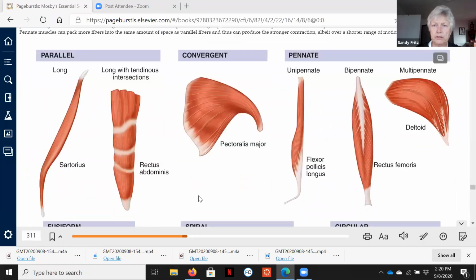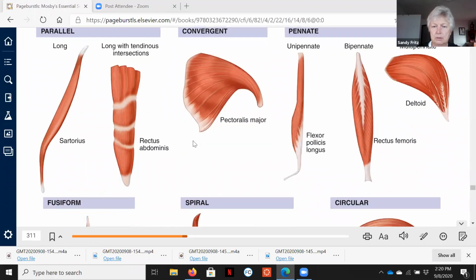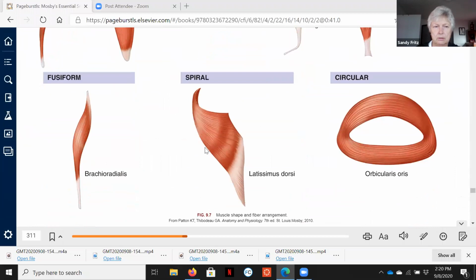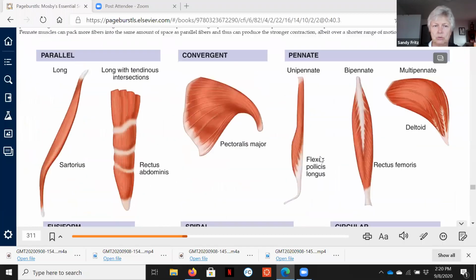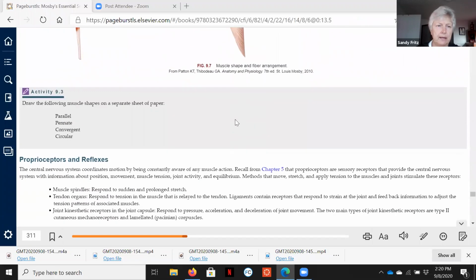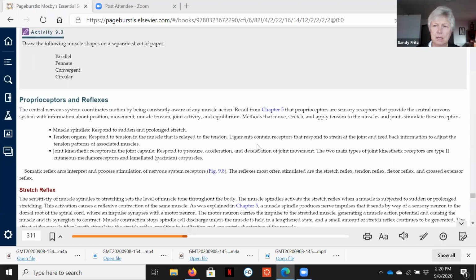So here are your various shapes. And by looking at the shape, you can kind of tell what they do. We're going to expand on that in a minute here.